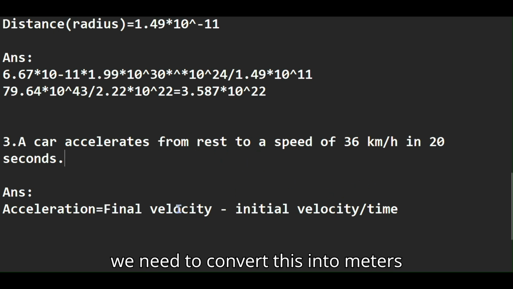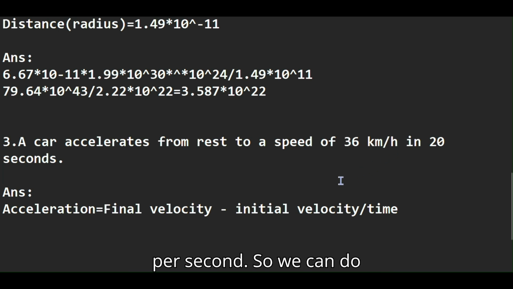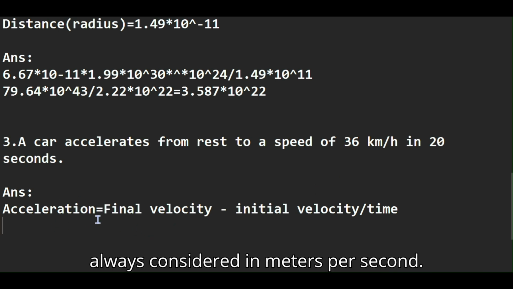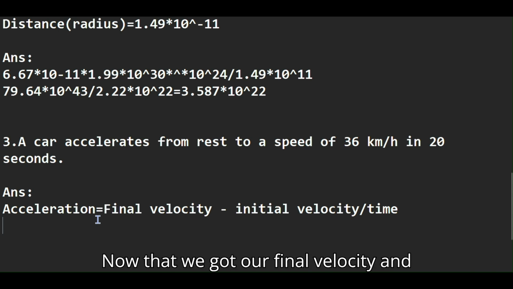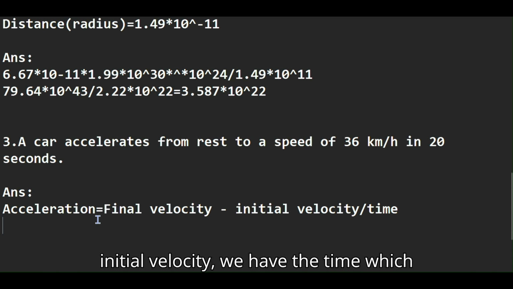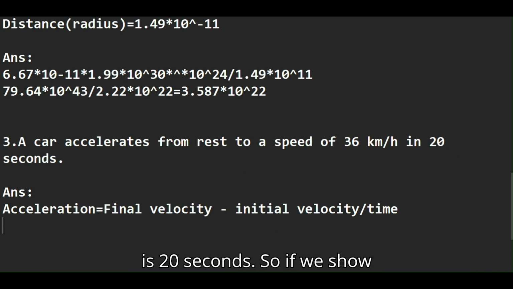Now we need to convert this into meters per second. We do 36 into 5 by 18, which is 10 meters per second, since acceleration is always considered in meters per second. Now that we have the final velocity and initial velocity, we have the time, which is 20 seconds.